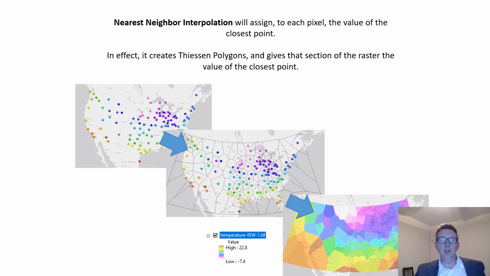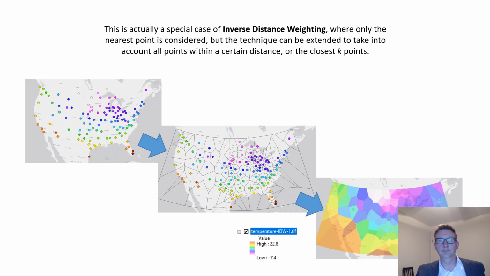Nearest neighbor interpolation then is essentially the process by which you assign a value to each pixel of the closest point. In effect, what we're doing here is creating Thiessen polygons, and then we're giving that section of the raster the value of the closest point. What we're looking at here is actually an interesting special case of inverse distance weighting, where we're really only considering the nearest point.